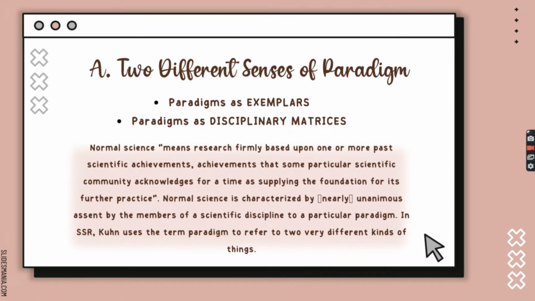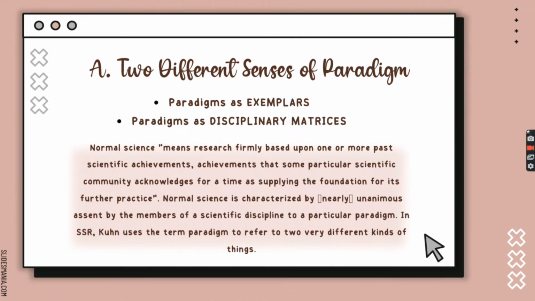As Kuhn said, no natural history can be interpreted in the absence of at least some implicit body of intertwined theoretical and methodological belief that permits selection, evaluation, and criticism. Normal science is characterized by anonymous assent by the members of a scientific discipline to a particular paradigm.